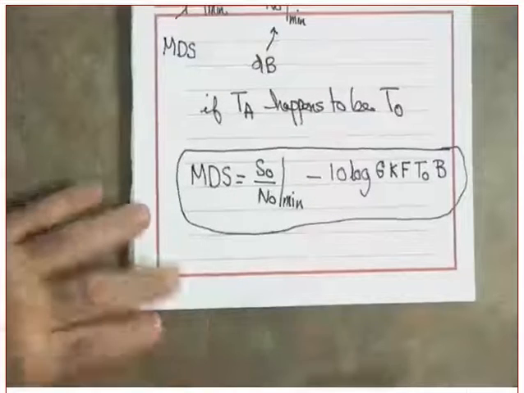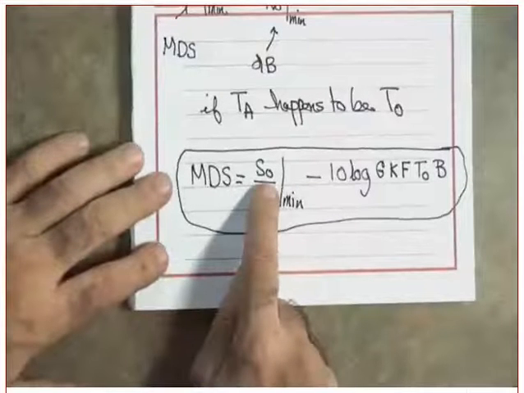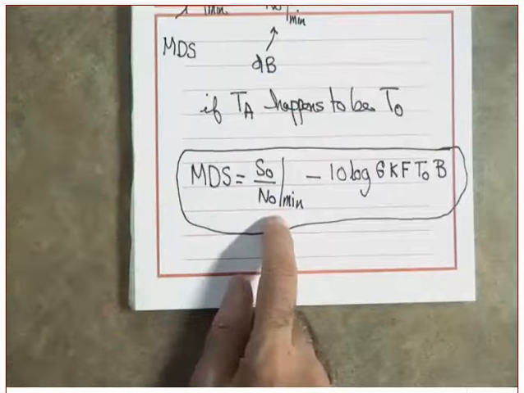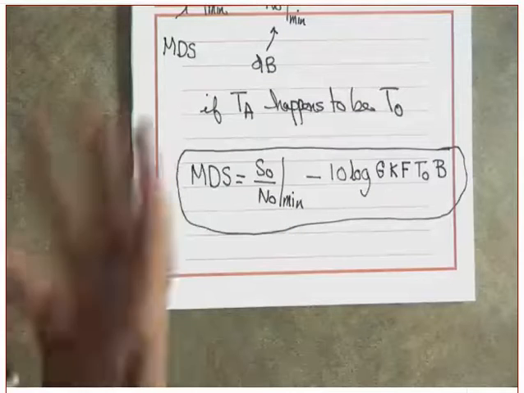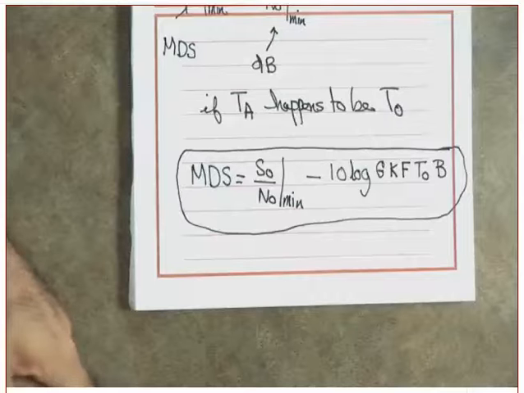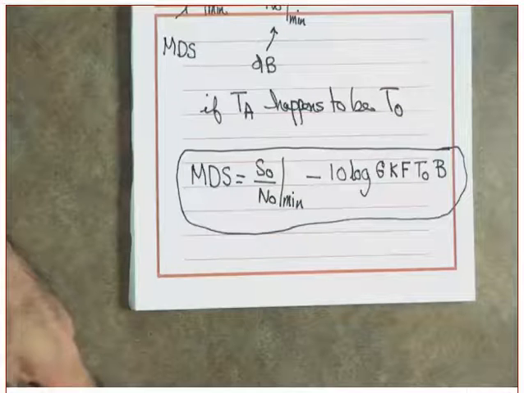Yes or no? Okay. Now, if the question does not give you the signal to noise ratio at the output, the minimum, in the industry, usually, they take the minimum detectable signal to be roughly 3 dB above the noise floor.